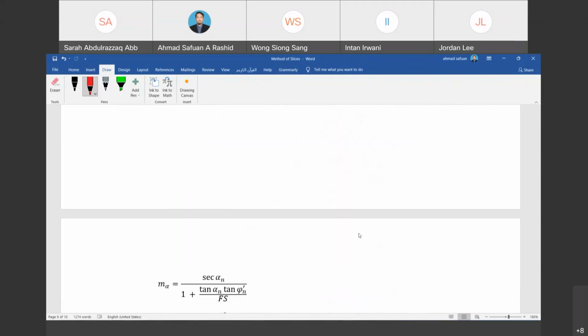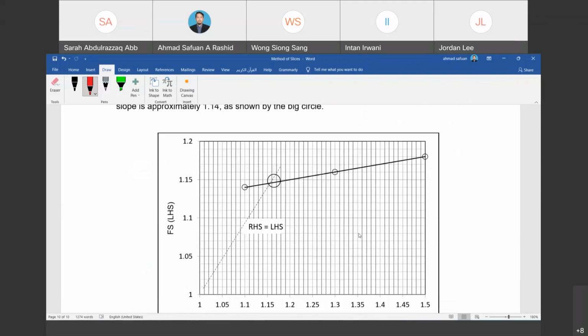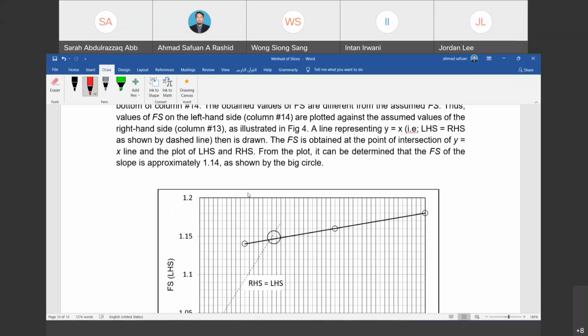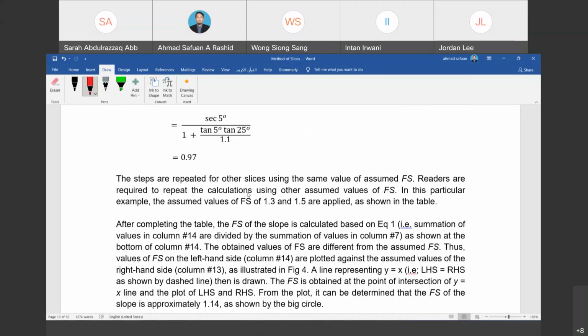The same, we plot the graph and get the intersection between the relationship and the line of equality. So the value is 1.14.